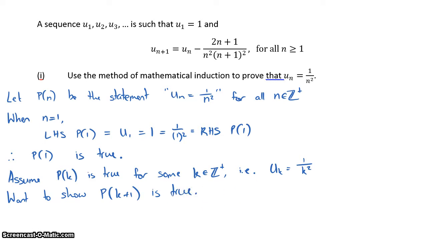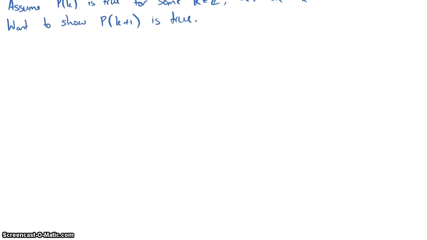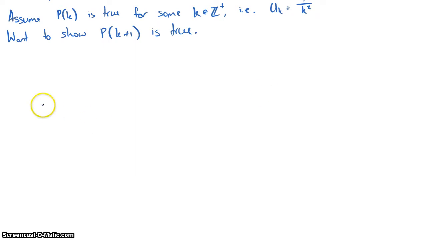Right, so what do we do? Okay, so what is the left-hand side of Pk plus 1? Well, that's going to be uk plus 1. Easy enough, right? So what is uk plus 1? Remembering that I've got to get a uk to appear so that I can use my induction hypothesis.